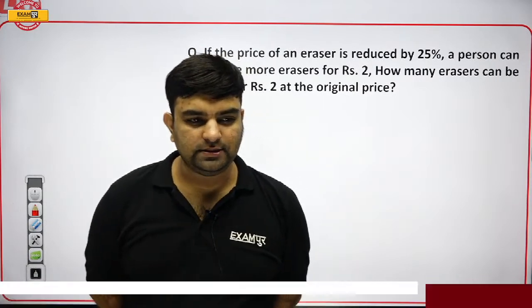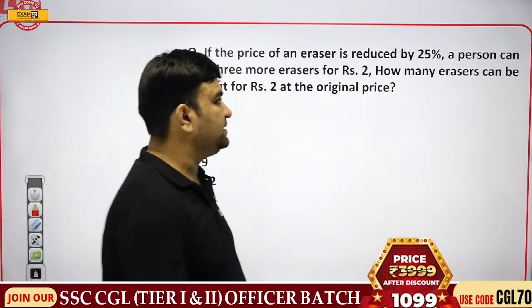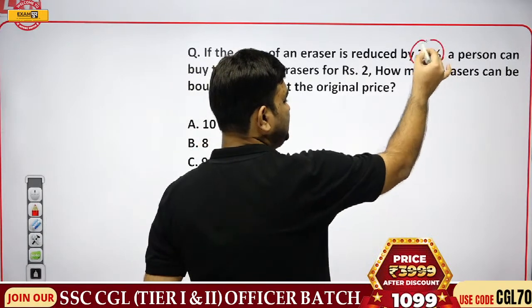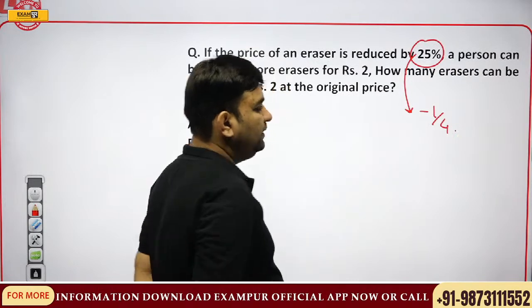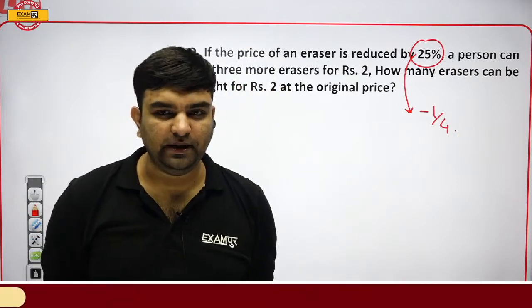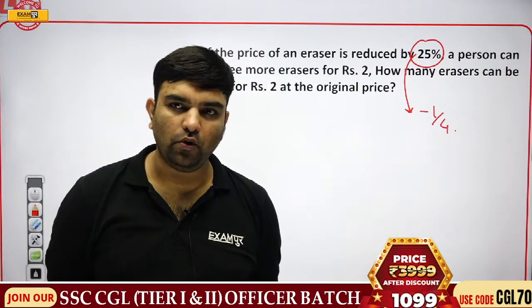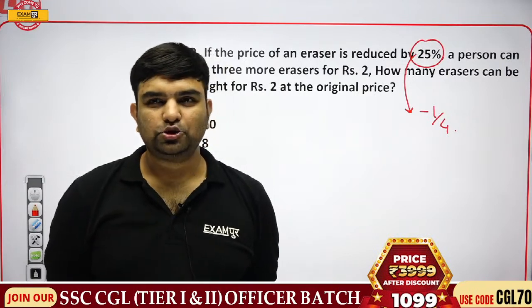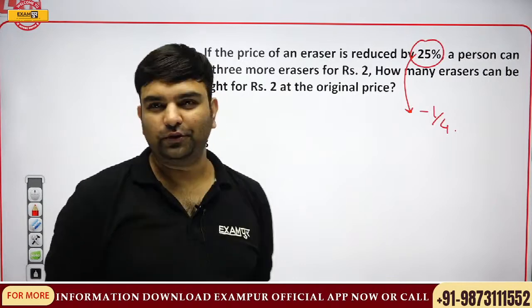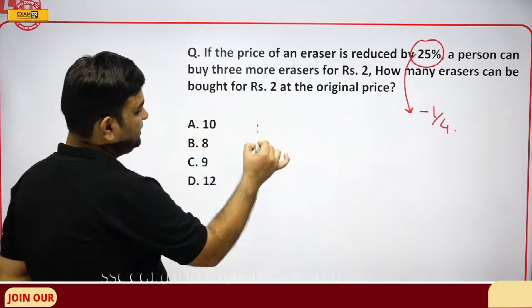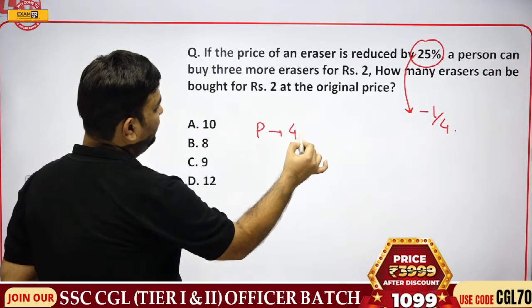Price of the eraser is reduced by 25%. 25% means a reduction of 1 over 4. So the price is changing from 4 to 3.